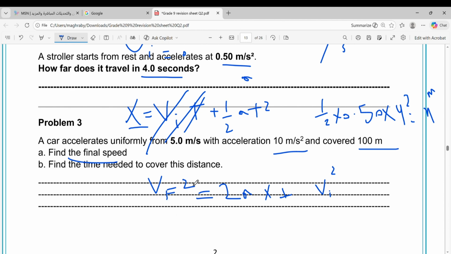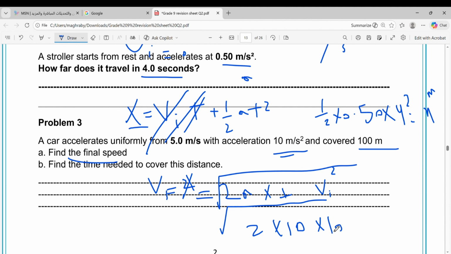You need to get the v final, not v final square. So to cancel the square, we put a root here. So root of 2 times the acceleration, which is 10, times the x, which is 100, plus v initial square.